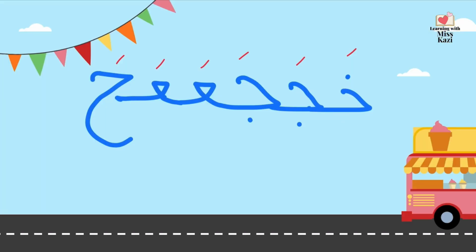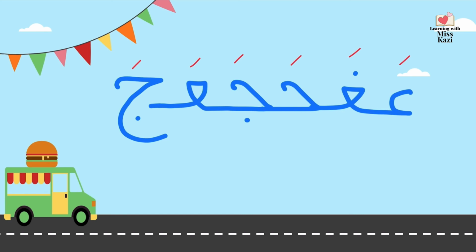Kha, ja, ja, a, kha. Is that a kha? No, it has no dot, so it's the letter ha.